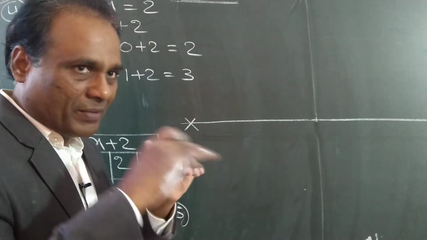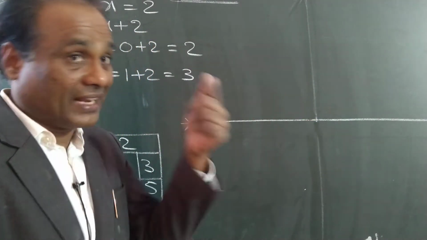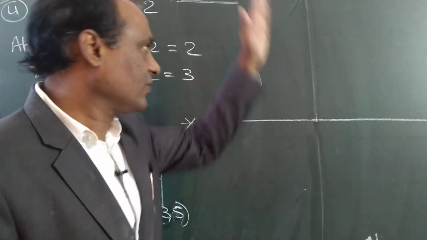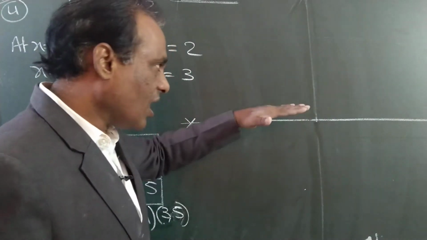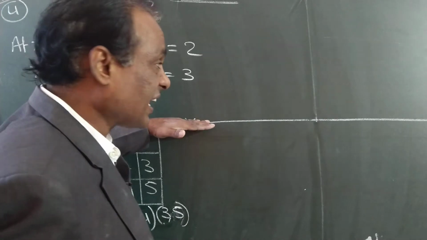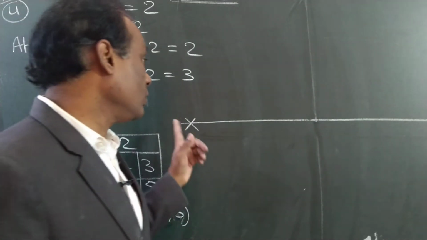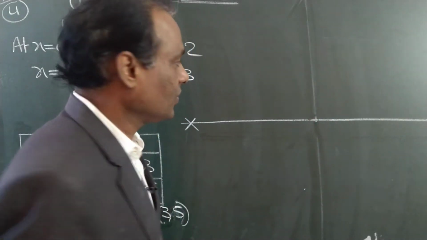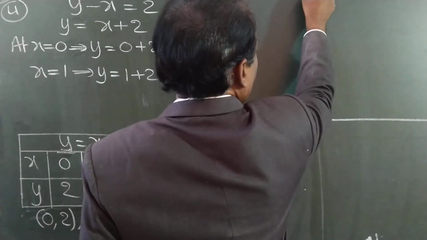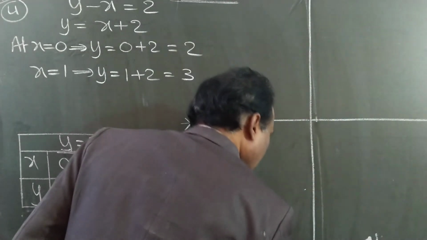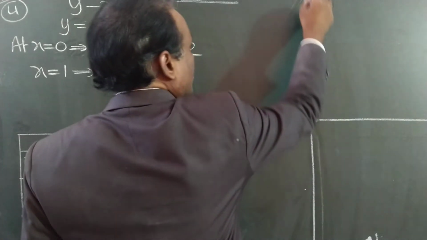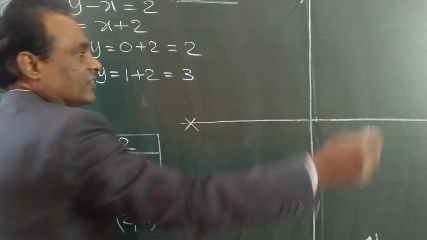Don't draw in the middle where there are big lines, horizontal lines and vertical lines. On one horizontal line, using the scale, draw the line. Next, on one vertical line, using the scale, draw the vertical line. This is the y-axis. This is the x-axis.